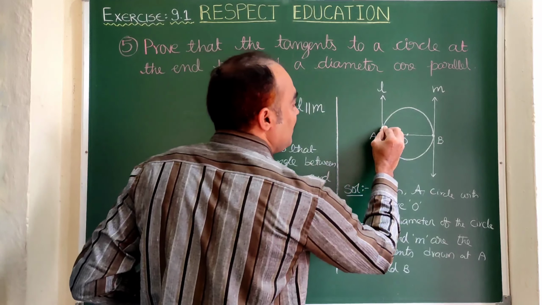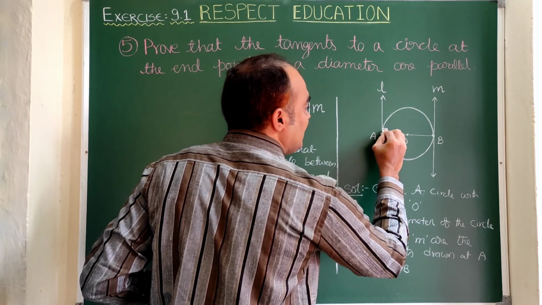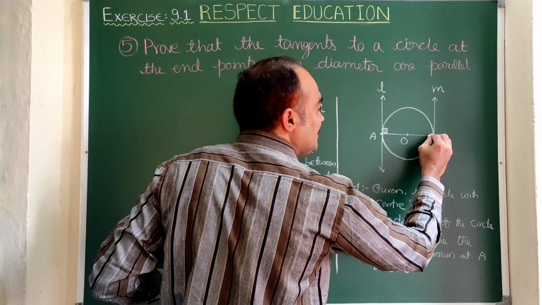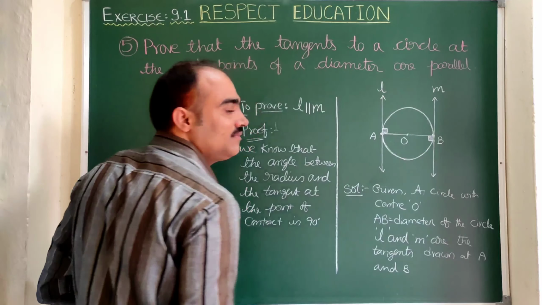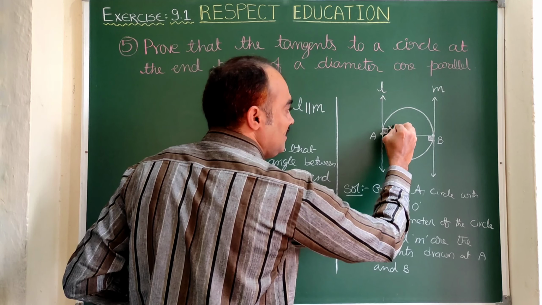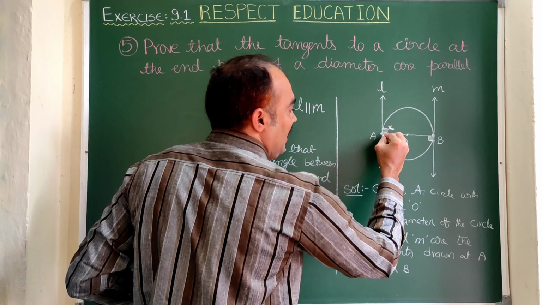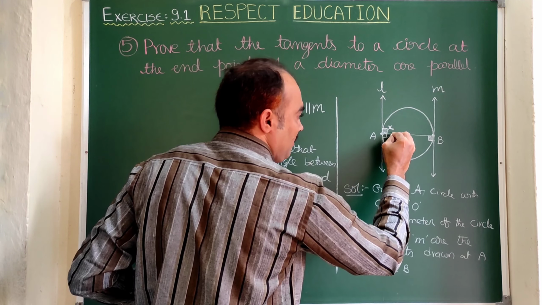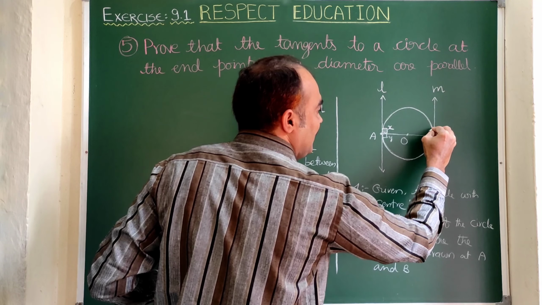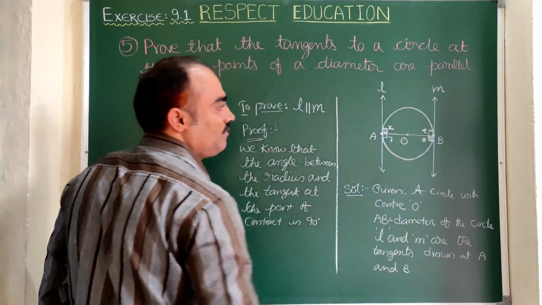Here you see, if you take OA as radius, here angle A is 90. If you take OB as radius, here angle B is 90. Clear? So here let us take this as some X and this value as Y, and for example this as Z, and some other letter, T.